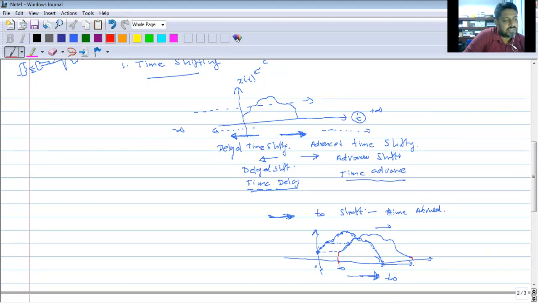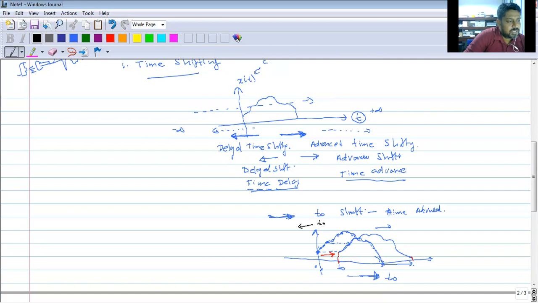We have shifted the signal to this direction by t naught. So this is the time advance shift. Now say we want to move the signal the other way by t naught.